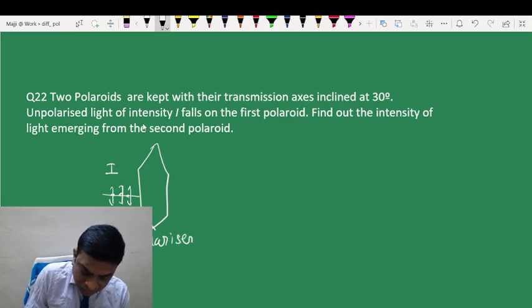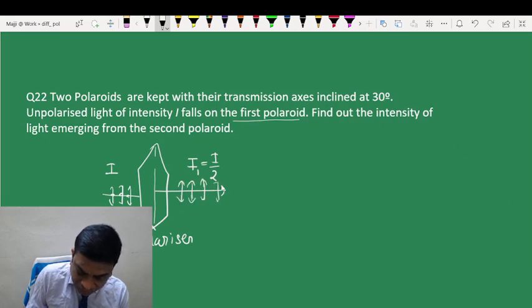Then naturally the intensity of light coming out of the polarizer, I1, will be half of I. That we all know, because half is absorbed by it.